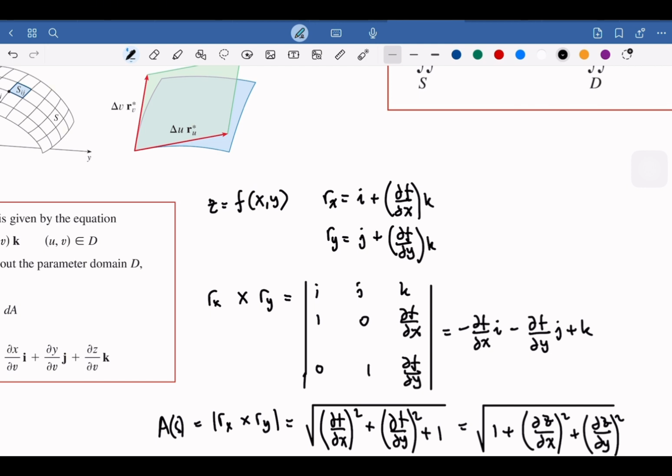Okay. Now, from all those introductions, let's move to what we call the surface integrals.